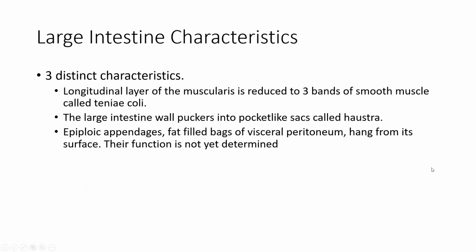We have one layer of smooth muscle called the tinea coli. Those sacs are called haustra. The wall of the intestine puckers into these sacs. And we have fat that hangs down from the intestine also.